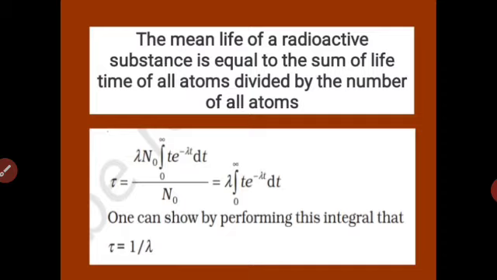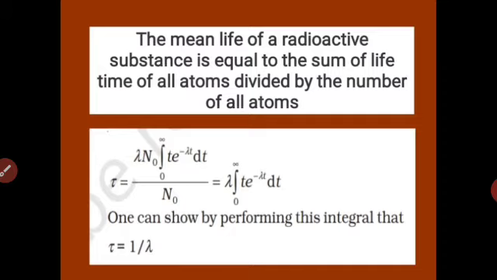Because it is a very long time, starting from 0 to infinity, and we cannot practically add all the infinite lives. Thus, we use the mathematical tool of integration, which will give us the total of all the lives. This numerator is then divided by N naught, which gives us the mean or the average.